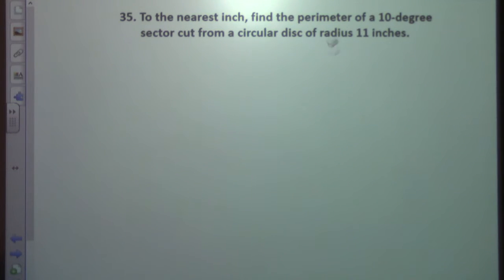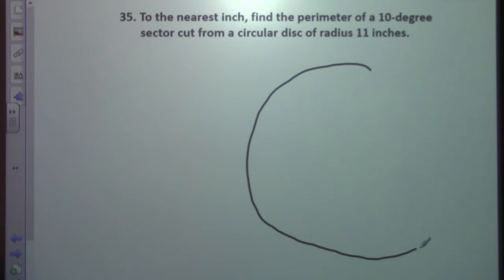You want to cut a sector out. What is a sector, or what does it look like? Like a little piece? Yeah, it's a piece. So if we have a circle like this, and we take a 10-degree sector, it's a thin pizza slice.